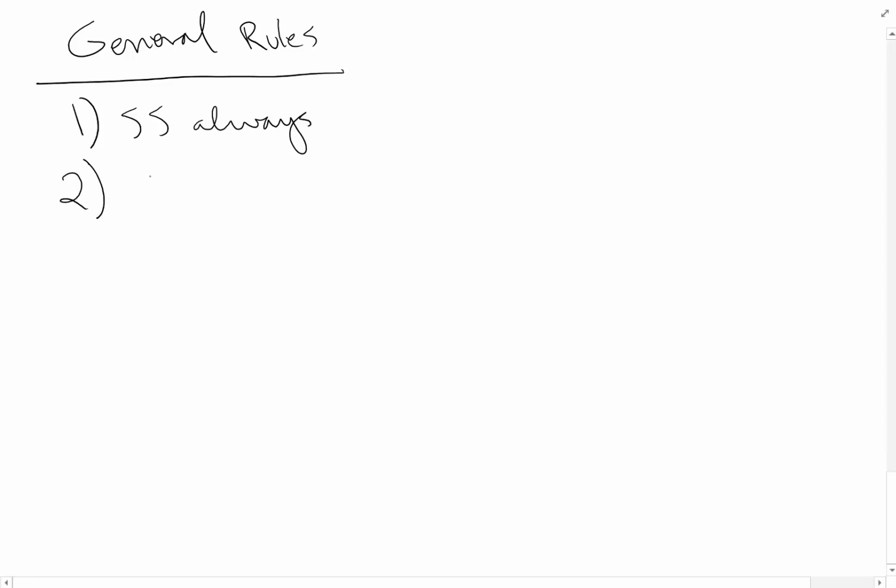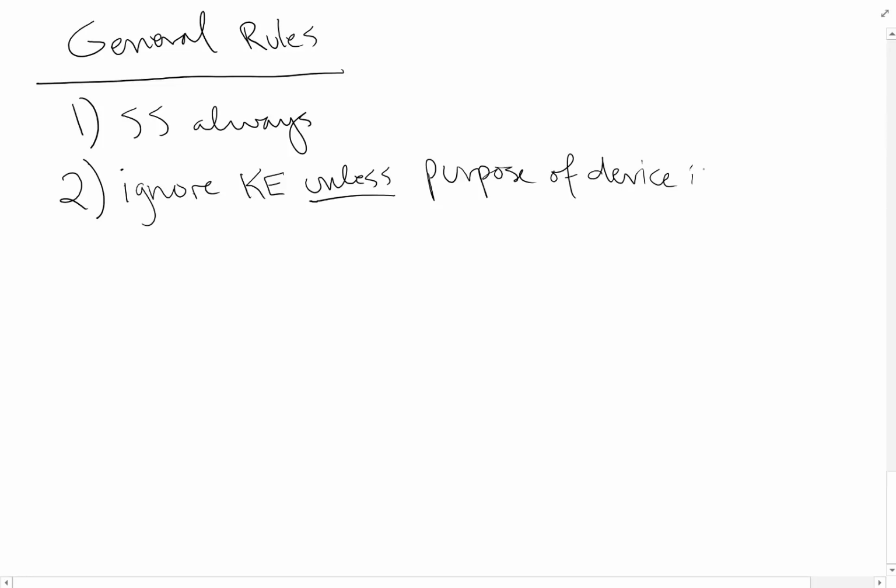Second thing, turns out that kinetic energy is usually not super important except for certain situations. So I'm going to say that you should generally ignore kinetic energy unless the purpose of the device is to change the kinetic energy, or if velocities are known.